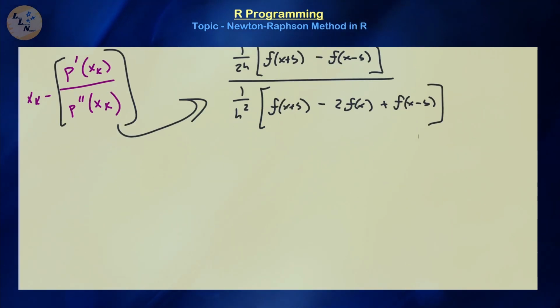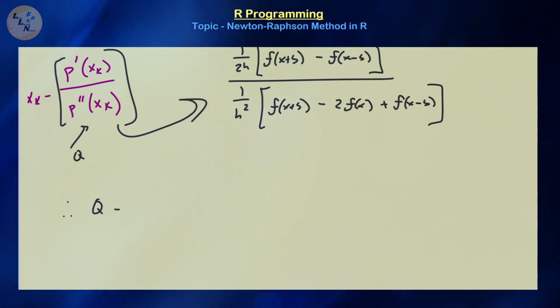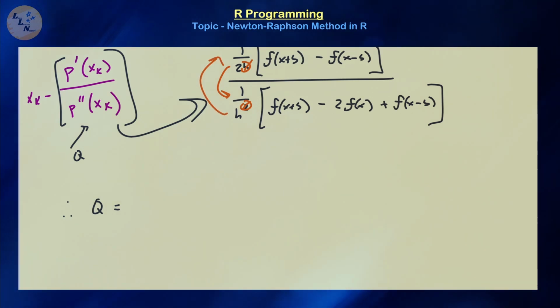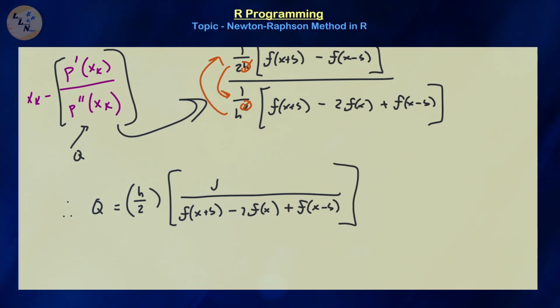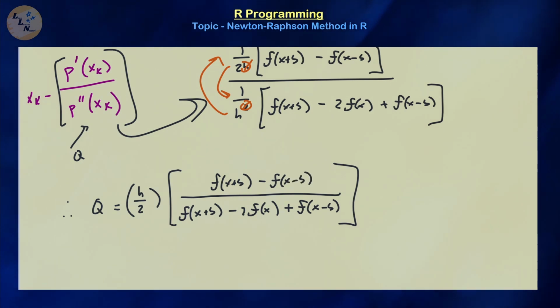And then that quotient term here, let's just call that quotient term q. That means q will be equal to, so notice these h's cancel, that 2 is going to go to the bottom and that h is going to go to the top. Once you keep, change, flip those fractions, we're going to have h divided by 2 times, on the bottom, f of x plus h minus 2 f of x plus f of x minus h, and then f of x plus h minus f of x minus h on the top.